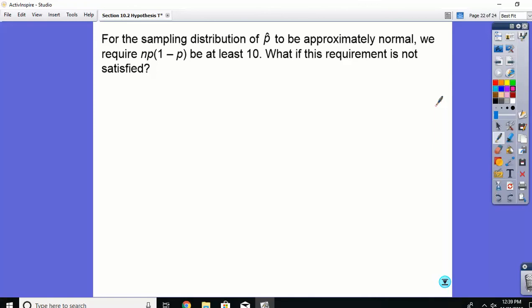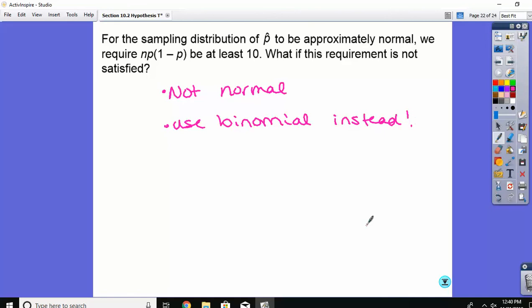So if n times p times 1 minus p is not at least 10, that means it's not normal. We will use the binomial instead. Remember that?